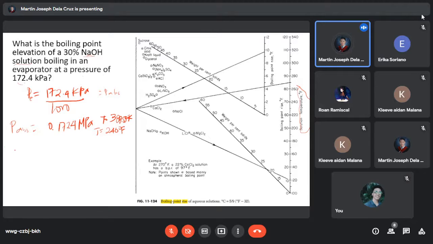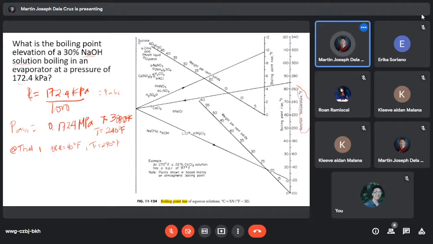So at trial 1, BPR natin is 40 degrees Fahrenheit, and temperature natin is 240. I-take note class, pag mag-assume kayo, it should be ranges 30 to 70 degrees Fahrenheit, kung yung unang assume nyo.